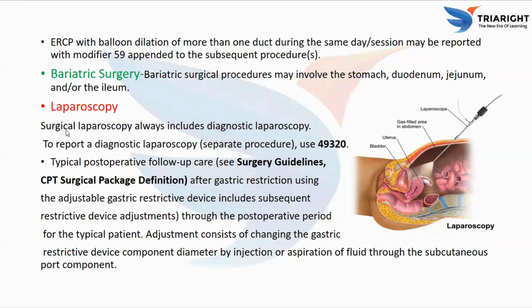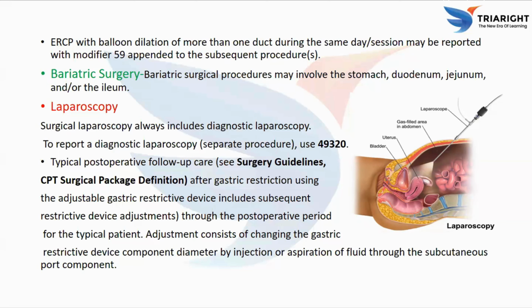So next is ERCP balloon dilation, bariatric surgery and also laparoscopy. First, ERCP with balloon dilation in more than one duct. So what does this mean? During the same ERCP session, the physician performs balloon dilation in more than one duct, such as common bile duct plus hepatic duct, or biliary duct plus pancreatic duct.